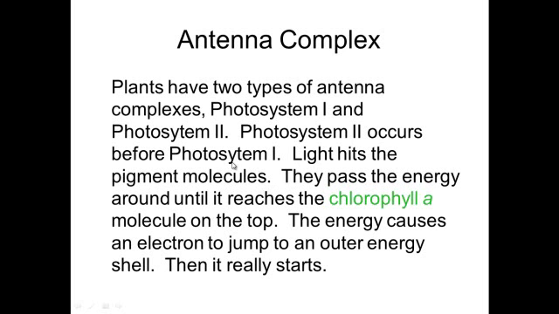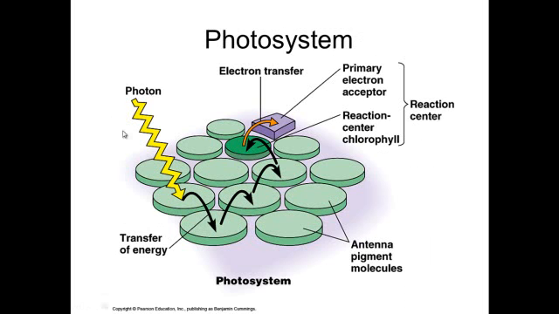Somebody absorbs it, and then it transfers the energy to another pigment, and then to another pigment molecule. Eventually, that energy ends up at chlorophyll A. When it does, then we're going to start the rest of the process. It jumps around on this photosystem until it hits chlorophyll A, and then things really start.